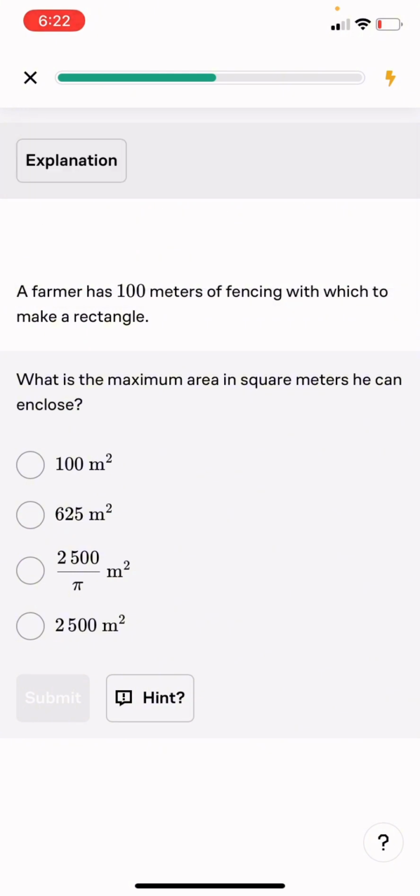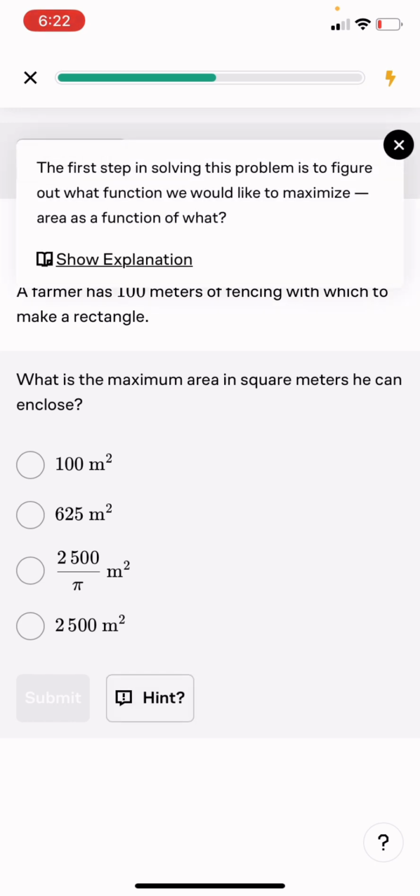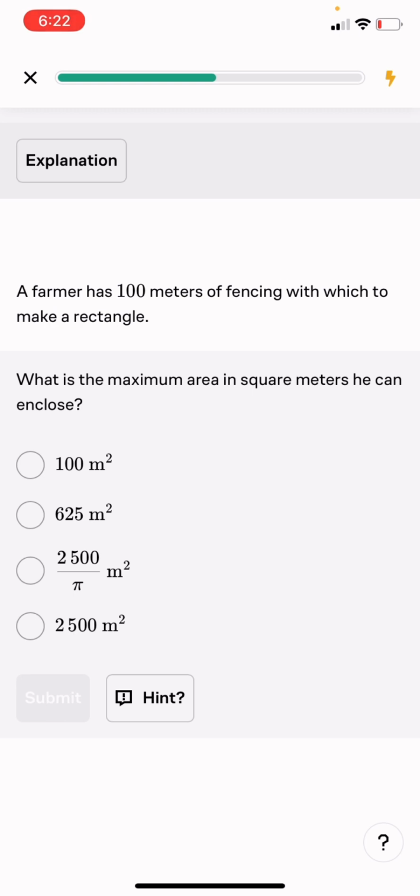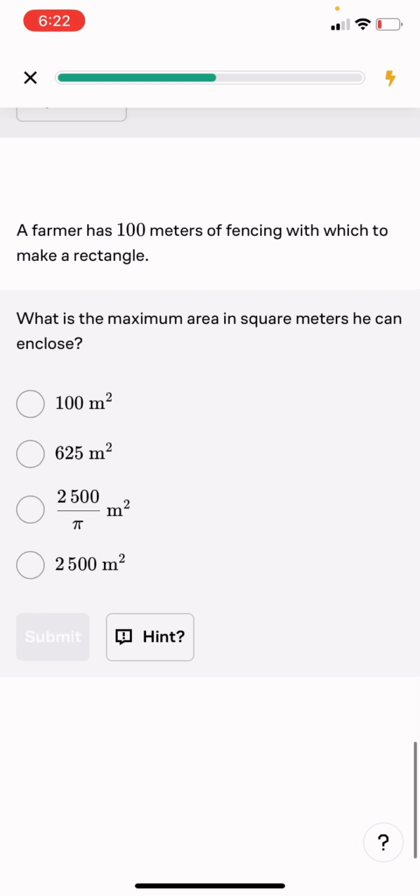The first step of solving this problem is to figure out what the function will look like: the maximum area as a function of what? The maximum area he can enclose.